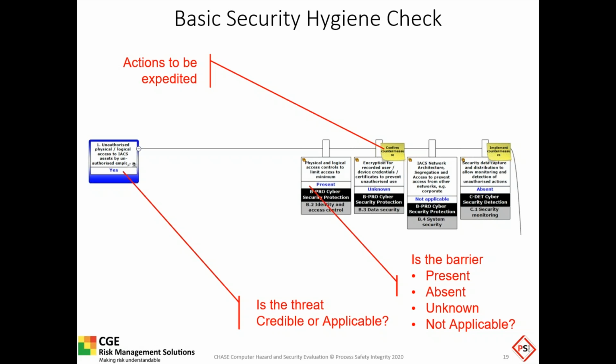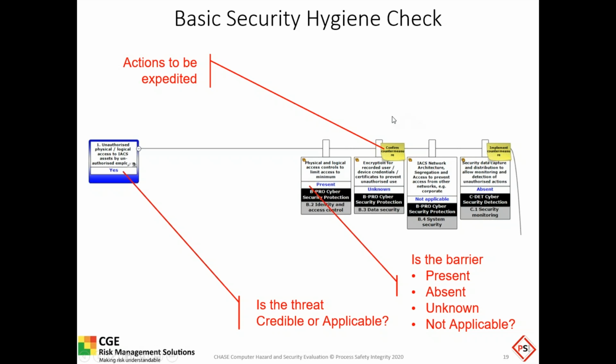Are they credible or not to my scenario or to my systems? Are the barriers present? Are the barriers absent? Do I actually know whether the barriers are there or not, or do I not really need those barriers? So a simple yes, no check is a really quick assessment of the robustness of your cybersecurity measures.